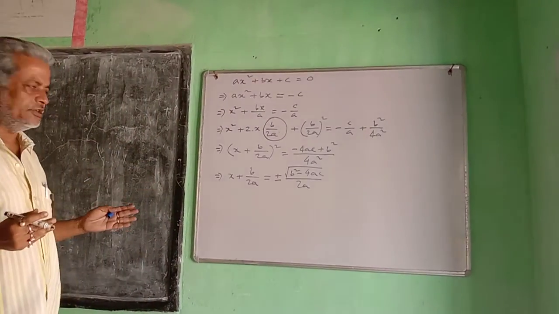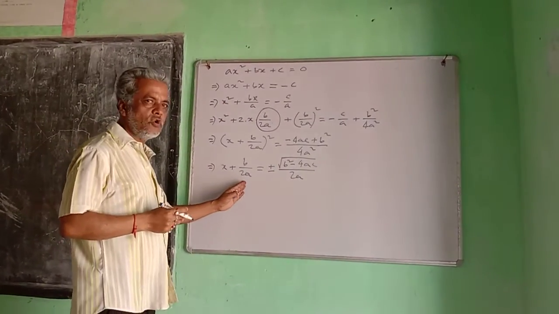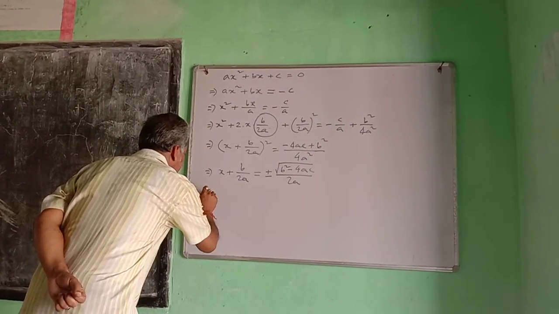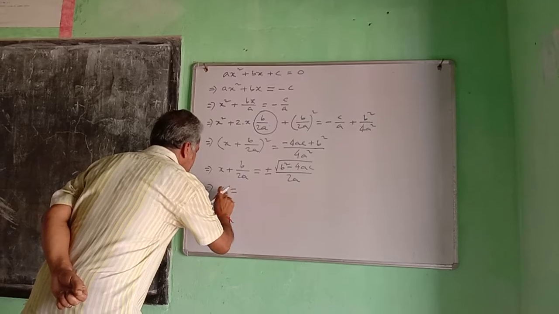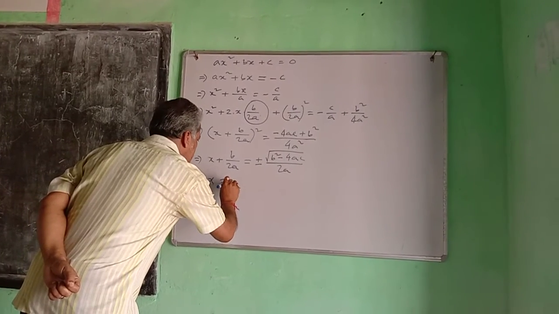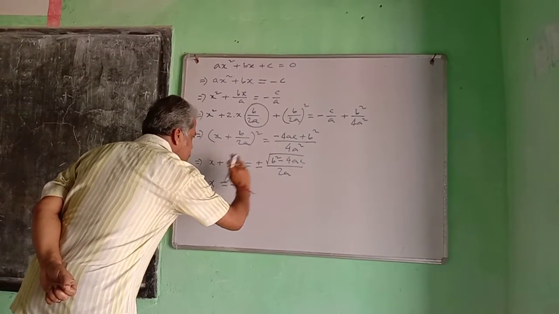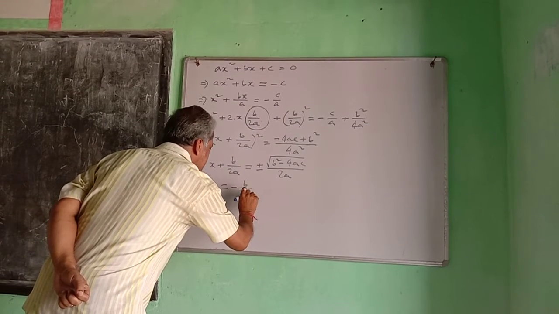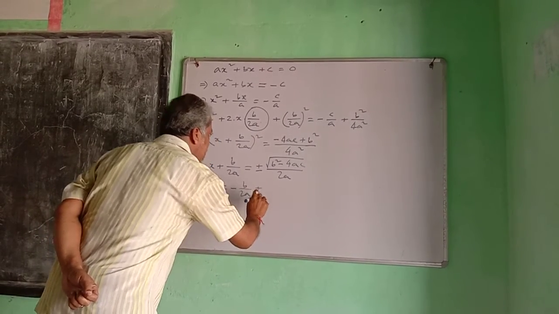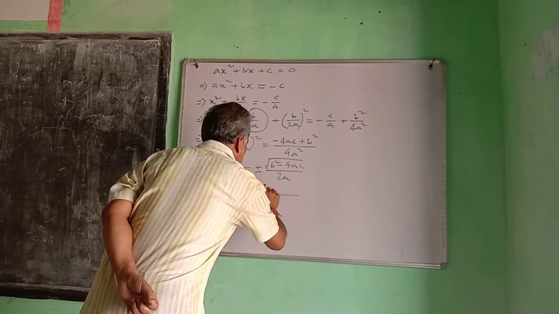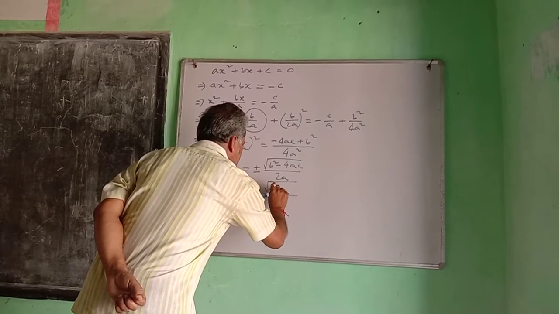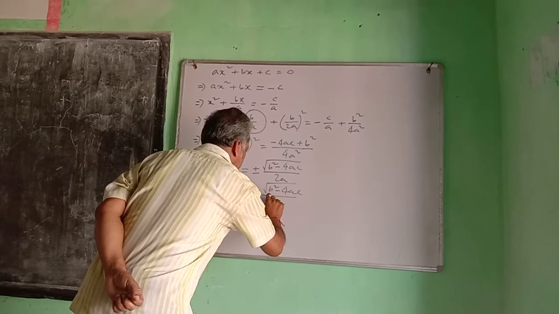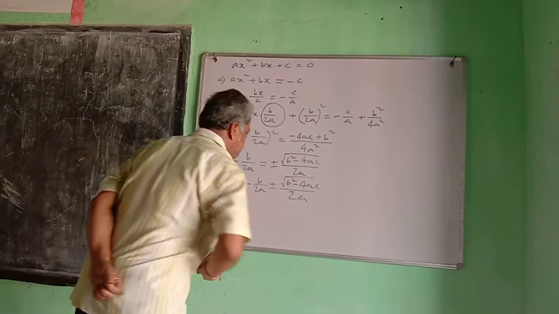Now the next step is transfer this constant to the right side. x is equal to minus, it is plus, so transferring to the right side, minus b by twice a plus minus root over b squared minus 4ac divided by twice a.